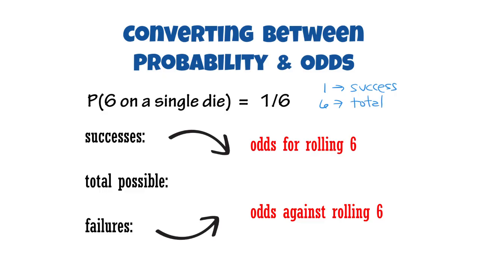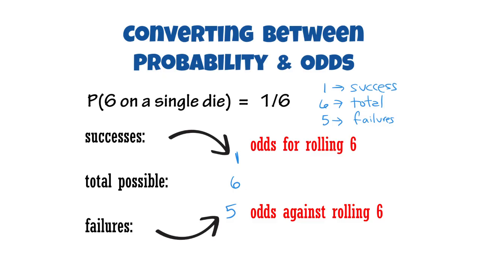Because we're talking about probability, it's successes over total, which must mean then that there are 5 failures, which is the 1, 2, 3, 4, and 5. Successes are 1. Total is 6, which makes failures be 5.